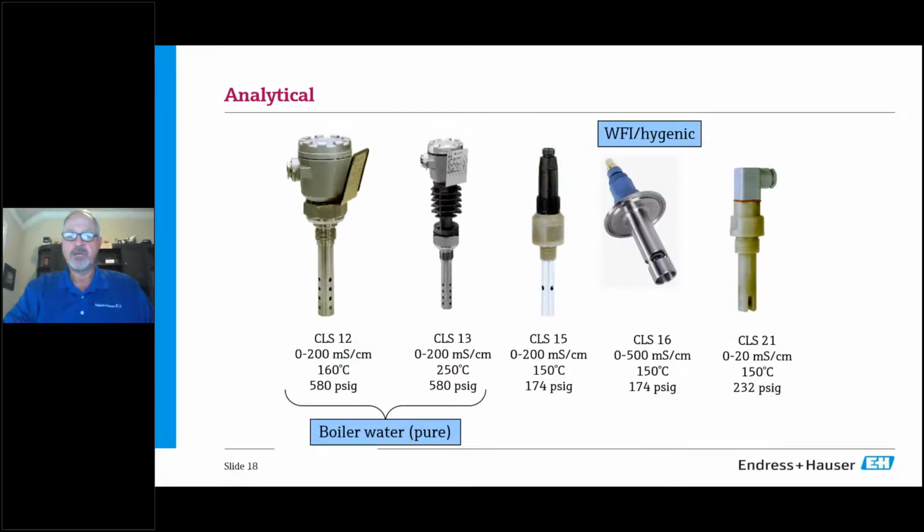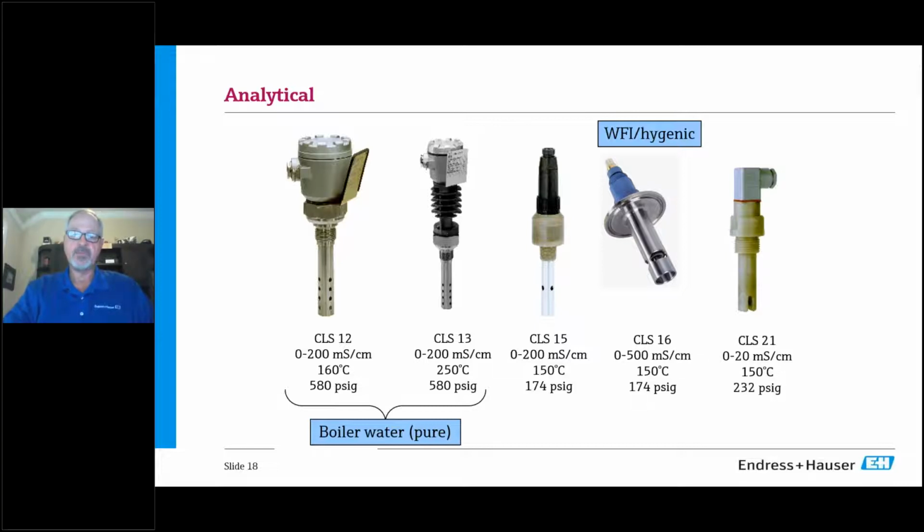So they come in a number of different configurations, some for higher temperatures and pressures, these are boiler water applications, then some for boiler water on the other end when your makeup water, when you're getting down into the 0 to 20 microsiemens, very, very low, ultra pure water.